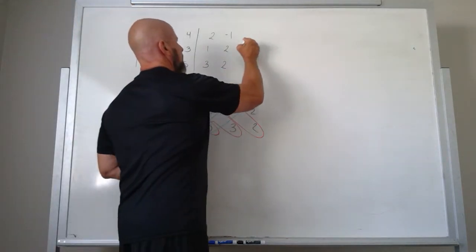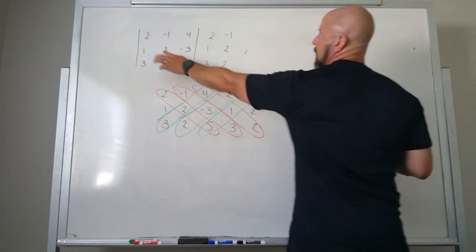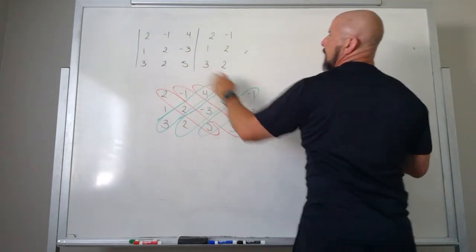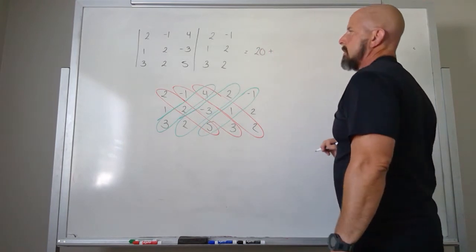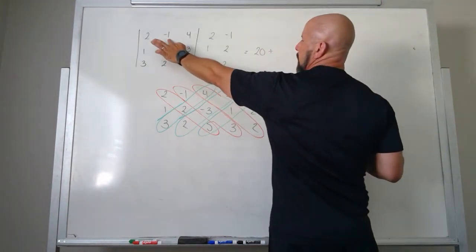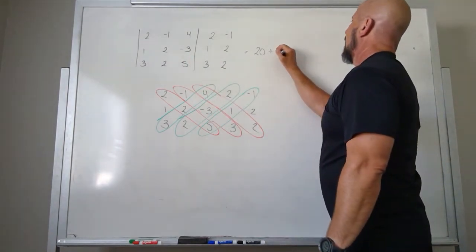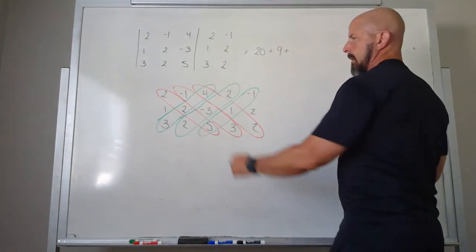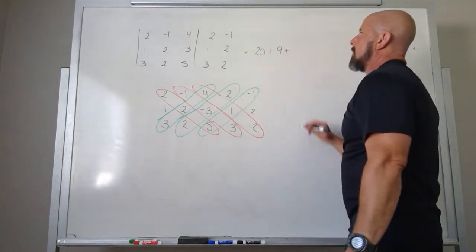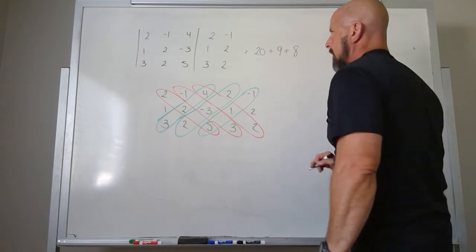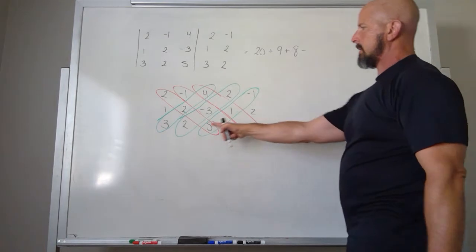And I'll write the answer up here. All right, so we're going to move this first one down. So I'm going to go 2 times 5 is 20 plus -1 times -3 times 3 is 9 plus, again following that red one, 4 times 1 times 2 is 8. And then here comes the minus each of the greens.